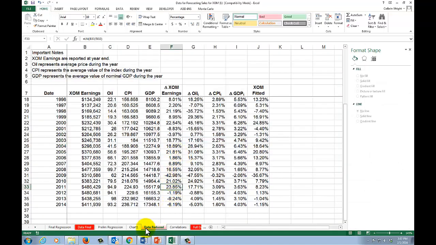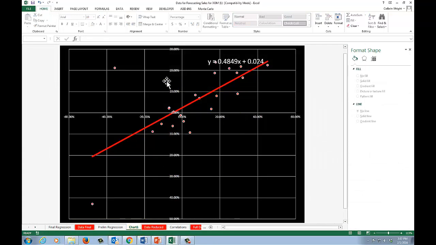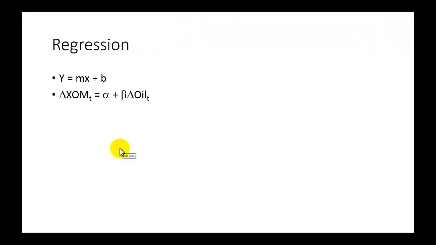So again, regression essentially creates a scatter plot where you're trying to use your revenue drivers as your x variable to explain your revenue growth as your y variable by drawing this line and figuring out specifically what the slope and y-intercept are supposed to be.